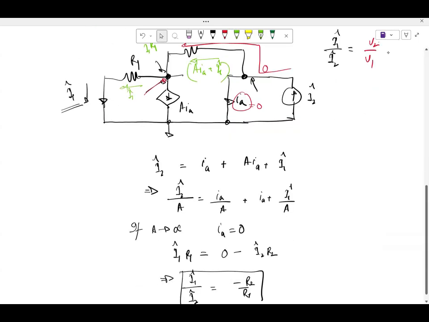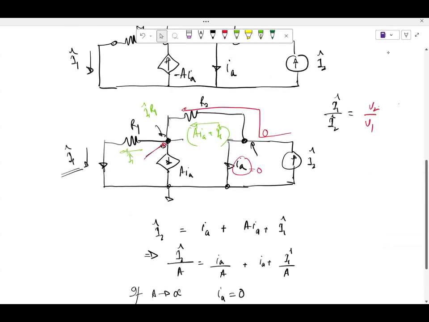In a current controlled current source, we have a virtual open. That is, even though you have physically shorted the input ports, the current through the input port is essentially 0. This is equivalent to that virtual short in case of a voltage controlled voltage source. We have a virtual open in case of a current controlled current source, right? So this is something that we need to keep in mind.